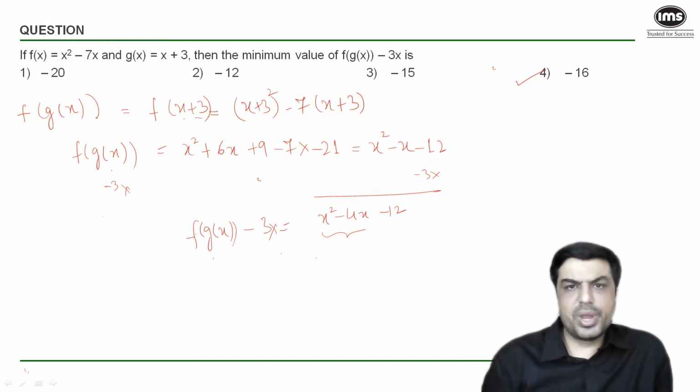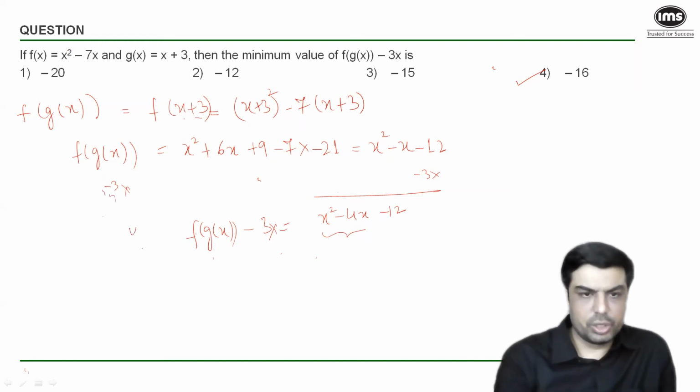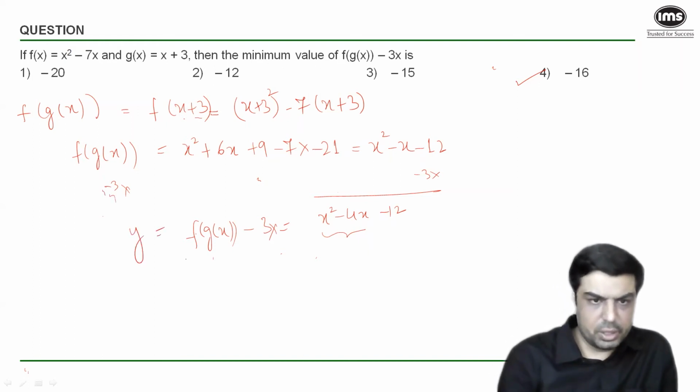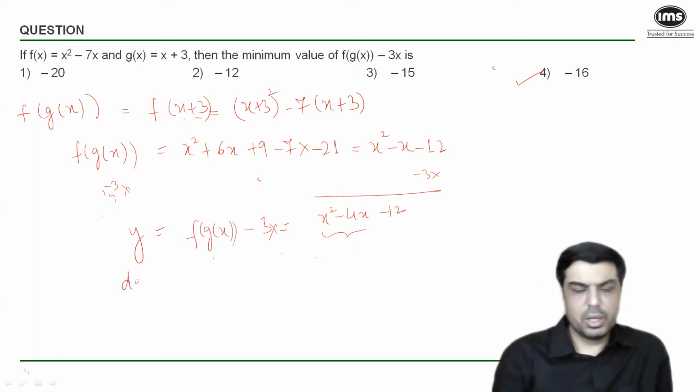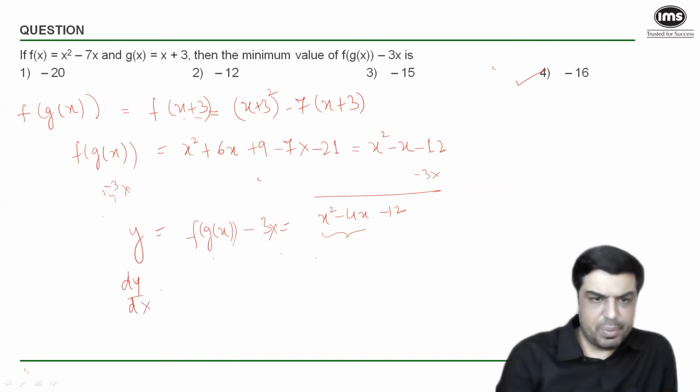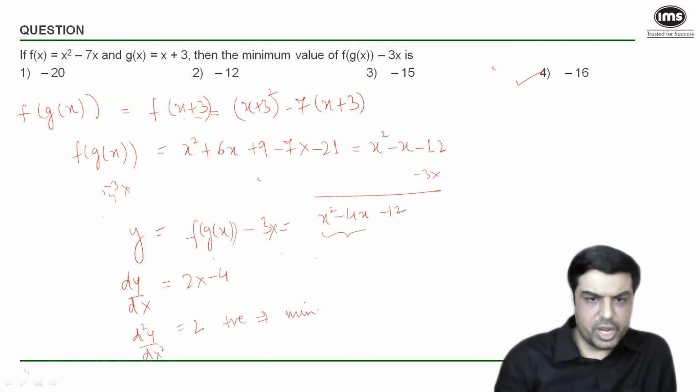You could also minimize it by differentiation. If I say that this is y, we can find dy by dx here. What is dy by dx? It will be 2x minus 4. And we can also find d2y by dx2, and that is 2. Because that is positive, it indicates a minima.